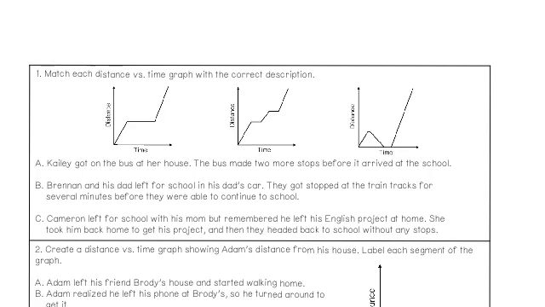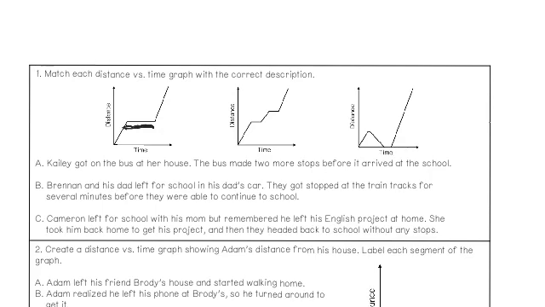Remember, what does it look like when you stop? Your distance does not increase or decrease, but your time continues forward. So if you look at this first graph, this is obviously a stop right here. Somebody stopped for quite a while.